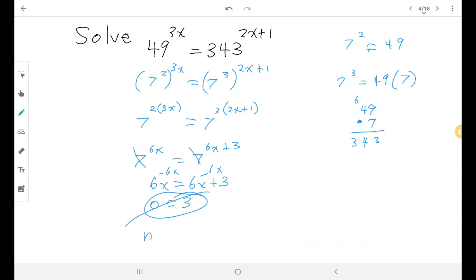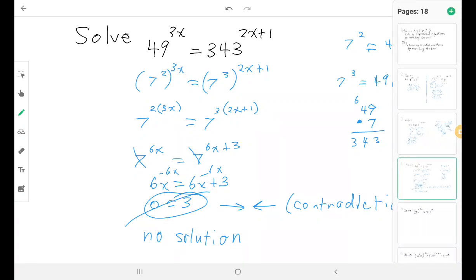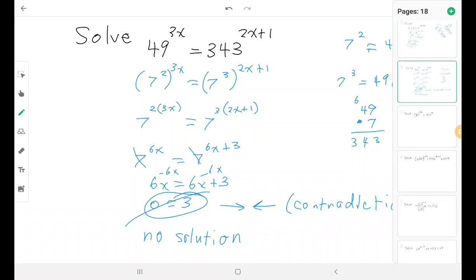So because I have a contradiction, that is the symbol for contradiction, I get an answer of no solution. And sometimes those happen. Okay. I'll give you a moment to look at that. And let's move on to our next problem.